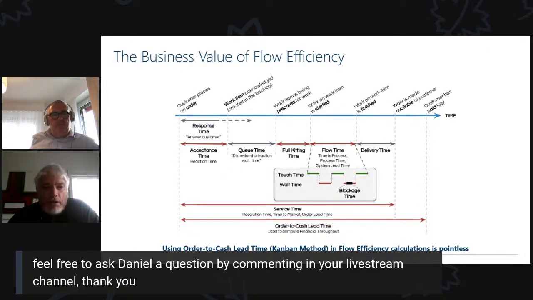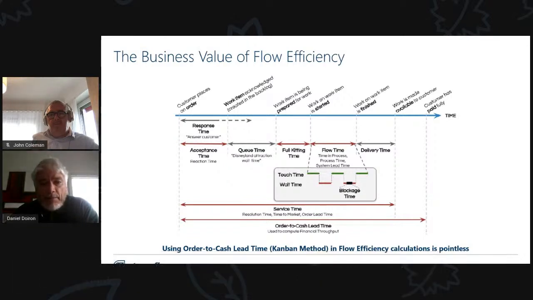TameFlow, of course, has put together a dictionary of all the times. There's queue time, acceptance time, response time. And of course, flow time here, if you see my cursor, is basically where we work, okay? When the work is given to our teams and where we actually go and get the work.